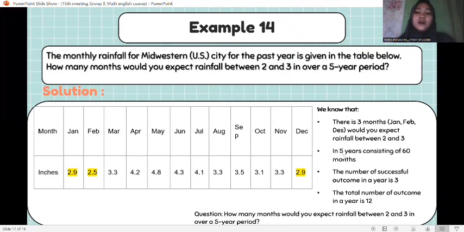And 5 years consists of 60 months. The number of successful outcomes in a year is 3, and the total number of outcomes in a year is 12. The question in example 14 is, how many months would you expect rainfall between 2 and 3 in over a 5-year period?